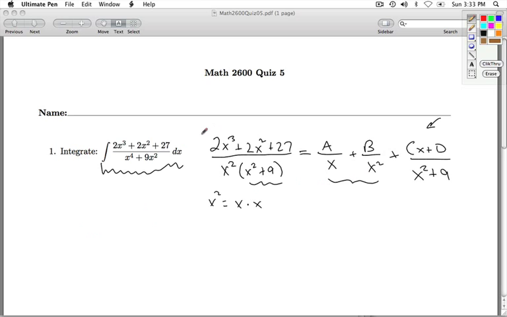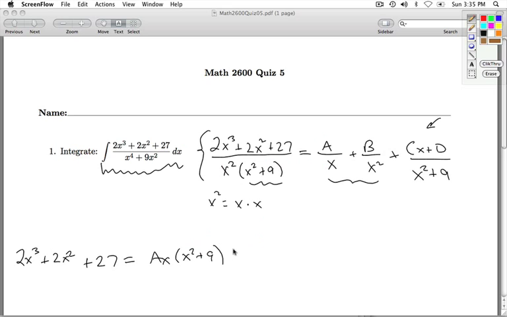Alright, this is our auxiliary equation now, so we're going to multiply both sides by the x squared and the x squared plus 9, and we're going to get 2x cubed plus 2x squared plus 27 equals A times, now when I take this fraction times this denominator, it's x times x squared plus 9.